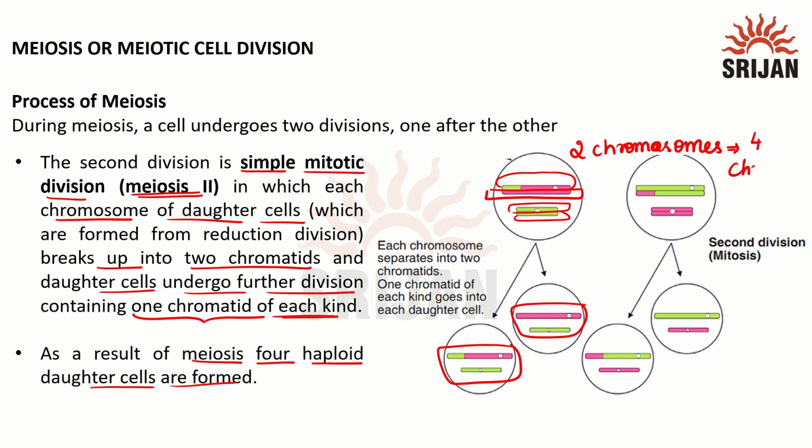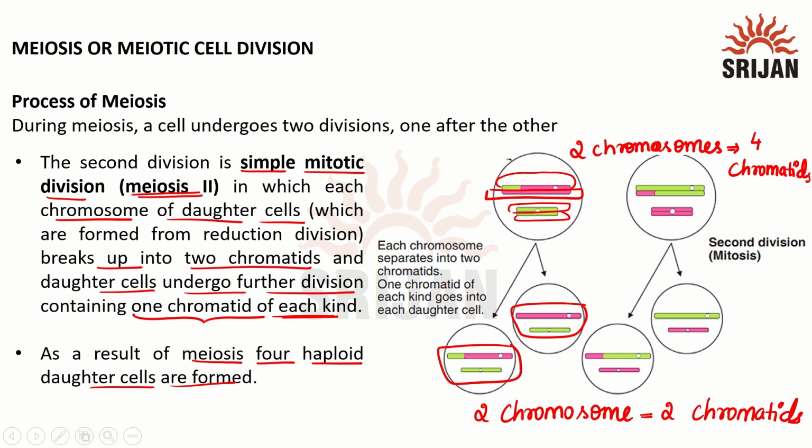So from 2 chromosomes we had 4 chromatids. But in the daughters, what do we have? The chromosome number is the same, 2 chromosomes. But the chromatid number gets reduced, so 1 chromatid per chromosome will be present. I hope this topic is clear to you.